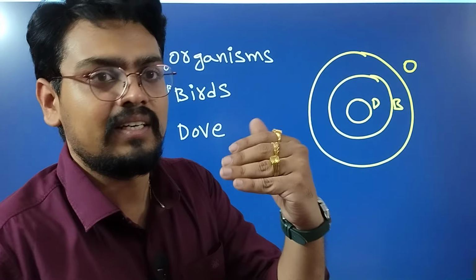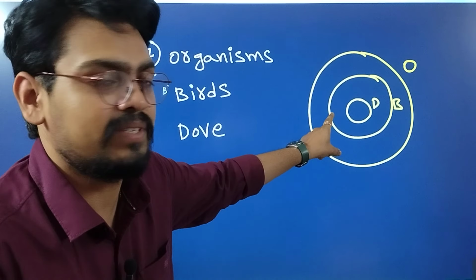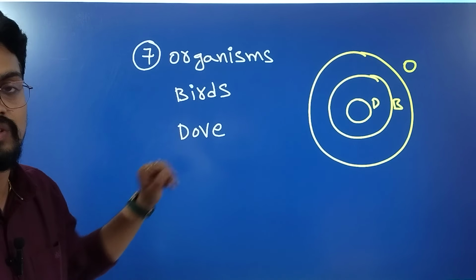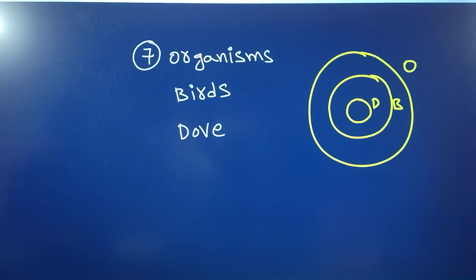So three circles, a circle inside a circle inside a circle. So this diagram is the perfect Venn diagram for these three words: organisms, birds and dove. Okay, please observe this. Clear? It's very easy and simple too.